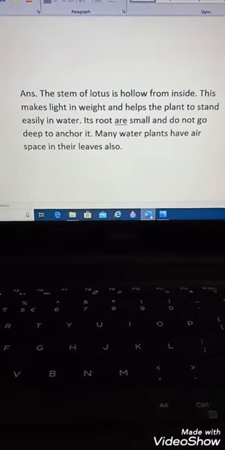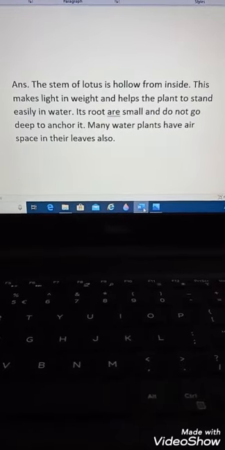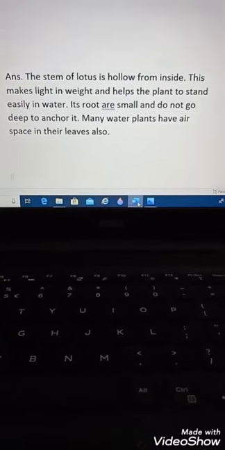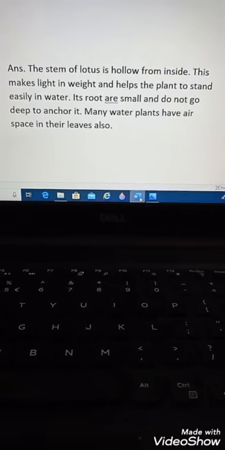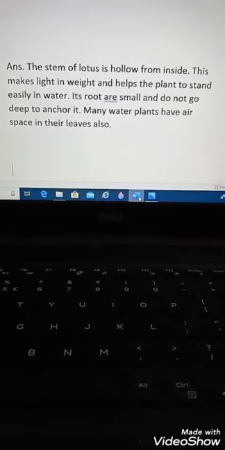The stem of lotus is hollow from inside, means it is khokhli. This makes it light in weight and helps the plant to stand easily in water. Its roots are small and do not go deep to anchor it. Many water plants have air space in their leaves also. Anchor means support.